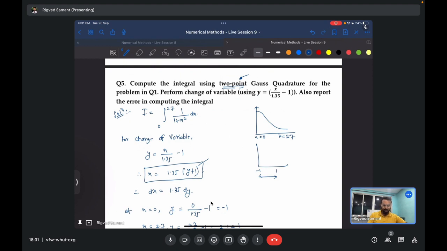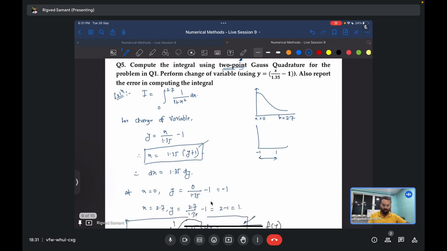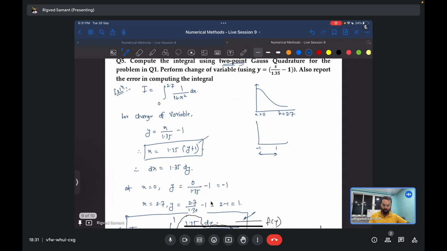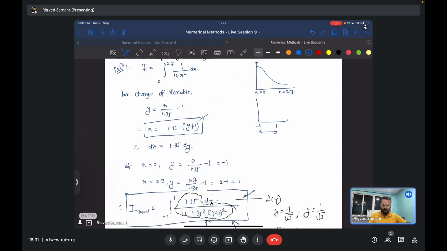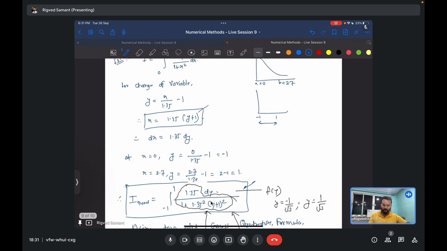Here you have already been told the substitution, so if you use it, automatically you will get the limits as minus 1 to 1. So your integrand changes from 0 to 2.7 of 1 upon 1 plus x square to the integral from -1 to 1 of f of y dy.